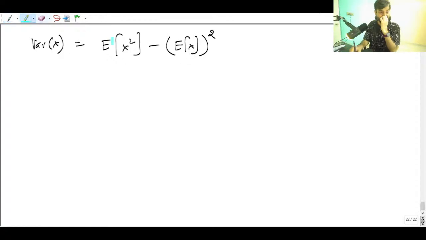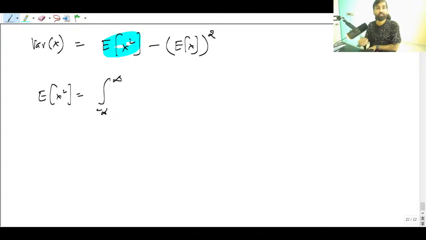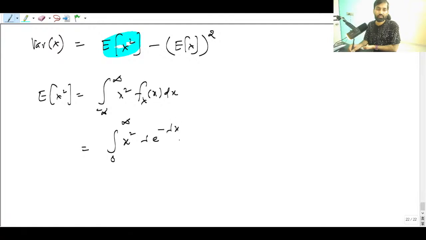You know this already, but what is this? Expectation of x square is the integral from minus infinity to infinity. You can use the expected value rule, x square f of x dx. Since your density function is defined for positive x, it is from 0 to infinity, x square lambda e raised to power minus lambda x dx.